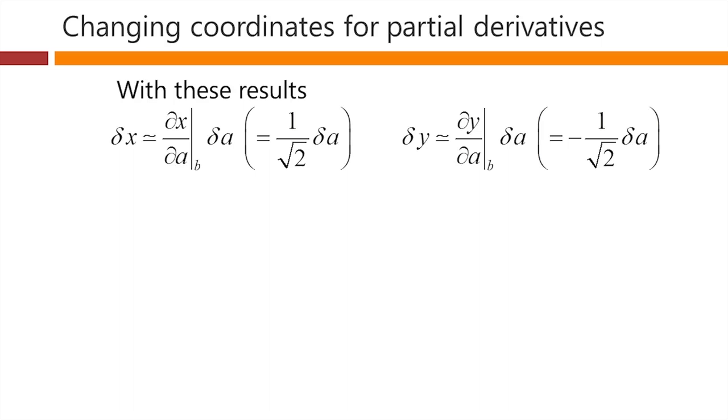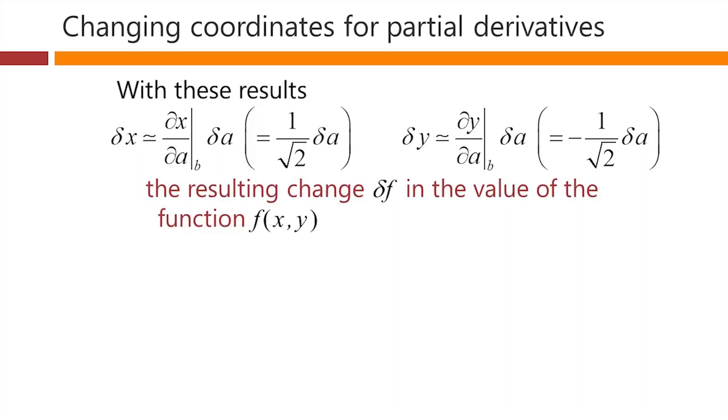So with these results, delta x can be written as partial dx by dA at constant b times delta a, and similarly, delta y can be written as partial dy by dA at constant b times delta a.